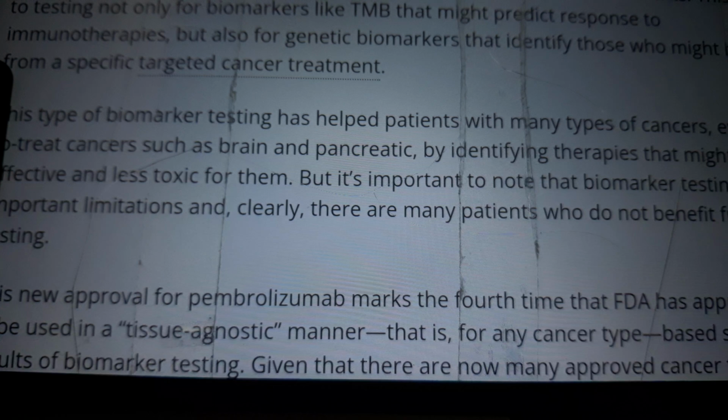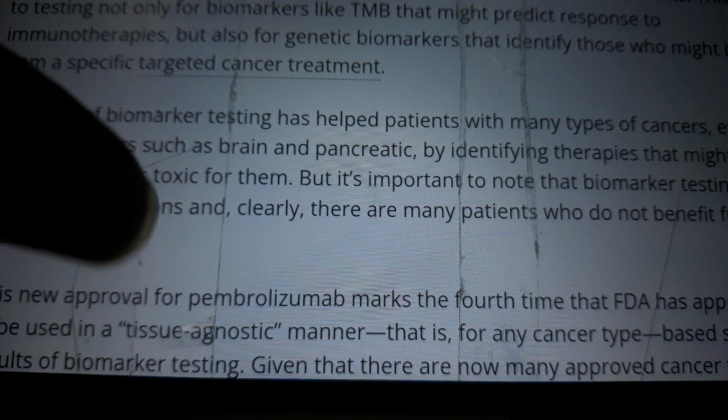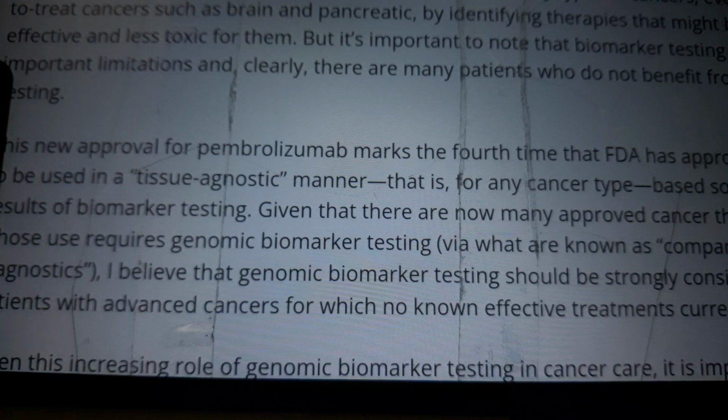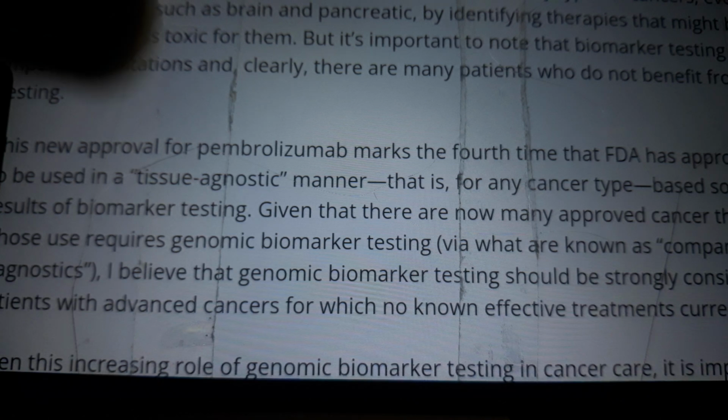This applies to testing not only for biomarkers like TMB that might predict response to immunotherapies, but also for genetic biomarkers that identify those who might benefit from a specific targeted cancer treatment. This type of biomarker testing has helped patients with many types of cancers, even hard to treat cancers such as brain and pancreatic, by identifying therapies that might be more effective and less toxic for them.